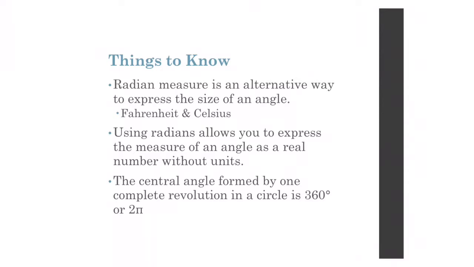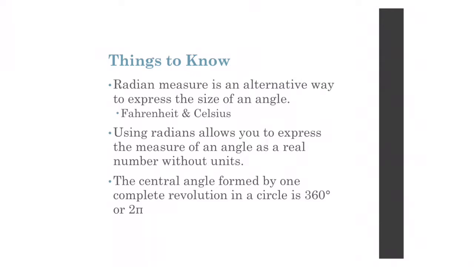So a couple of things we talked about in class was that radian measure is just a different way of expressing the size of an angle. So typically we talk about angles in terms of their measurement in degrees. One of the comments in class was that it's kind of like comparing Fahrenheit and Celsius.